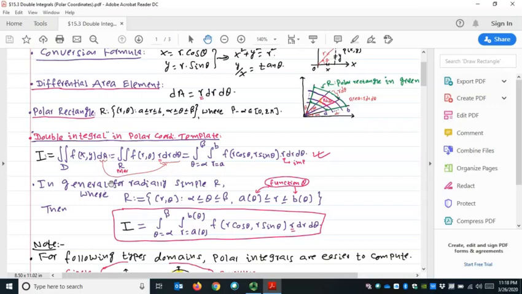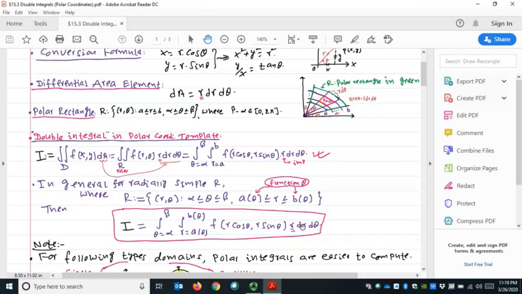Great. So in general, if our polar region is defined as radially simple, meaning my radius is between two functions of theta, and theta is between two constant values alpha and beta, then our double integral template will be: I equals the double integral of f of r cosine theta, r sine theta, with the integral over r equals a of theta to b of theta, where a of theta and b of theta are functions of theta, and theta equals constant values alpha to beta, and the area element is r times dr d theta.